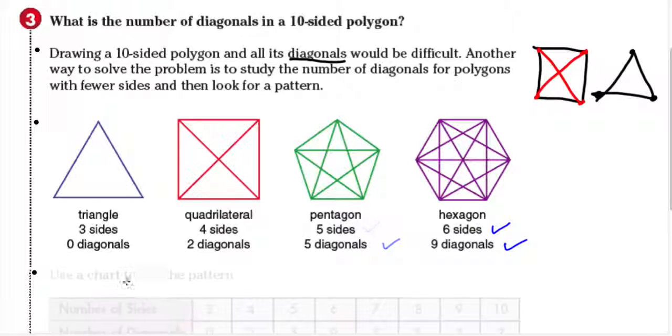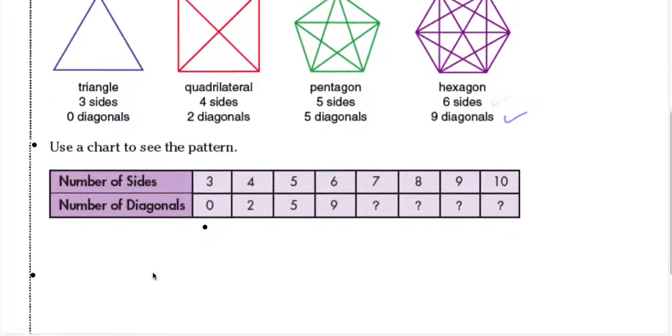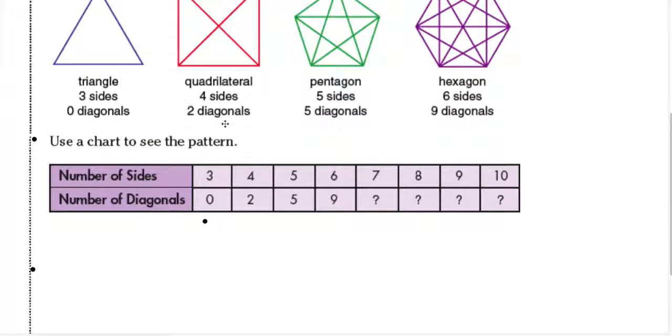If you put them on a chart, you can see the number of sides and the number of diagonals. So you have 3 sides, 0 diagonals; 4 sides, 2 diagonals; 5 sides, 5 diagonals; 6 sides, 9 diagonals, and so on and so forth. If you have 7 sides, 8 sides, 9 sides, and 10 sides, how many diagonals will those polygons have? If you notice, the pattern is you add 2, add 3.